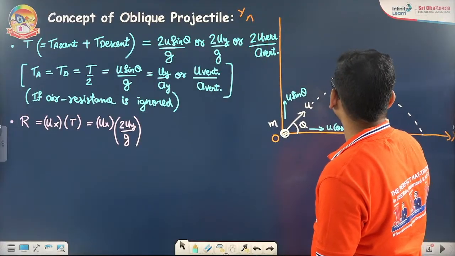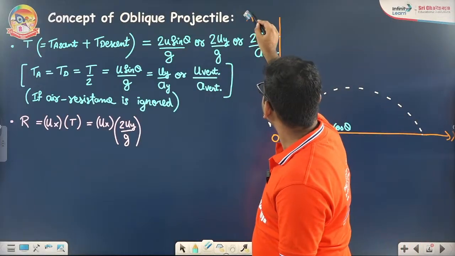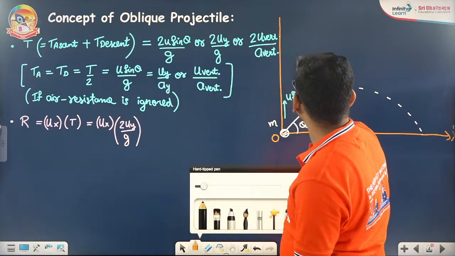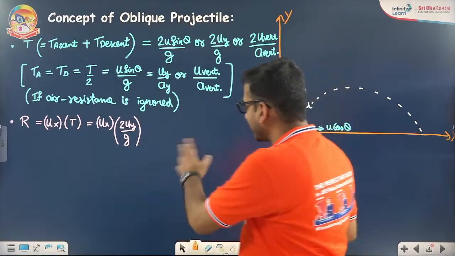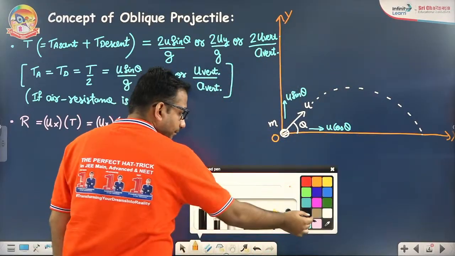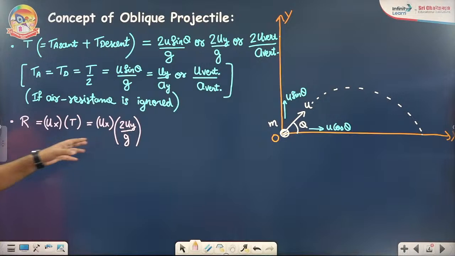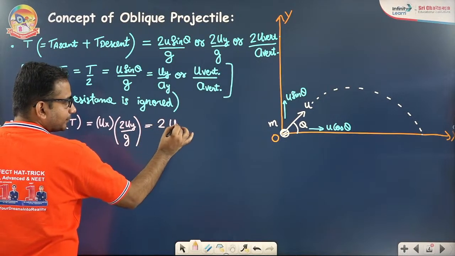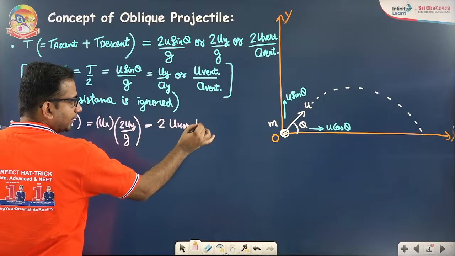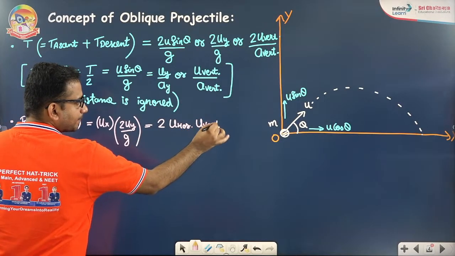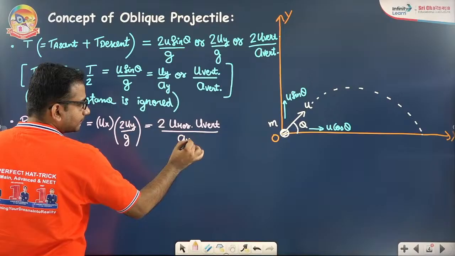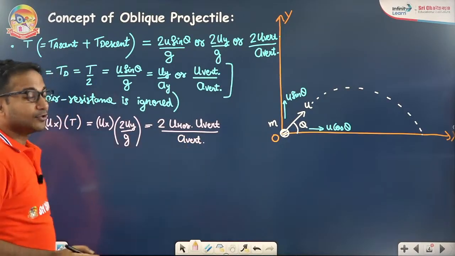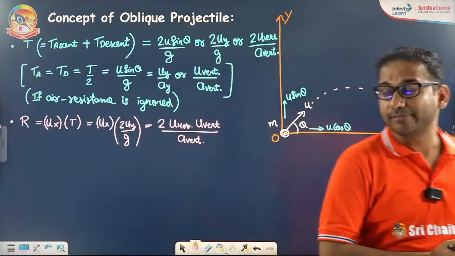I'll show you that. I'll take one case of 3D. Before that, let me write every formula in terms of horizontal and vertical. So that is twice of u horizontal into u vertical by a vertical.